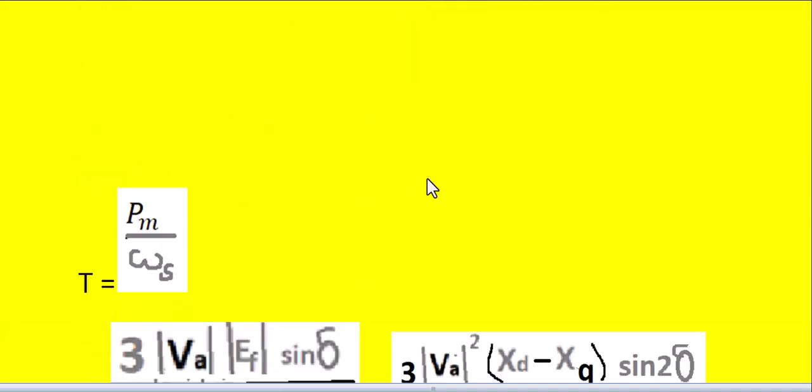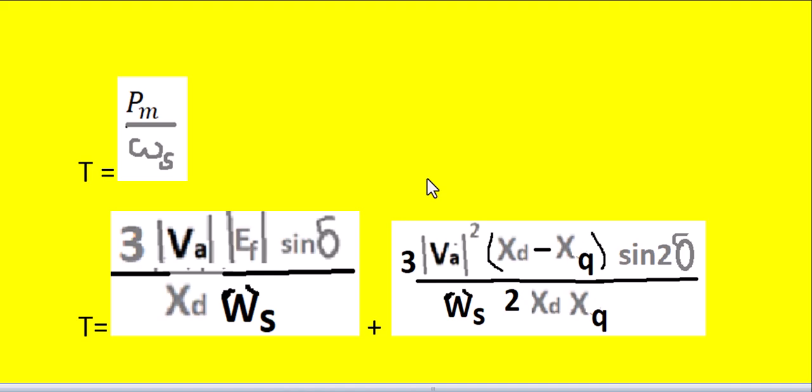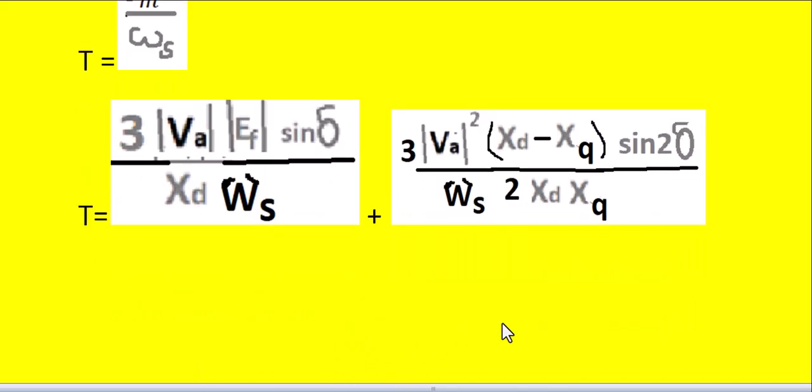So then torque can also be calculated using the formula torque is equal to P by omega s, the power equation as it is, only thing is divide with omega s.